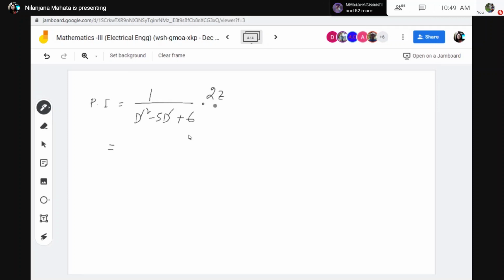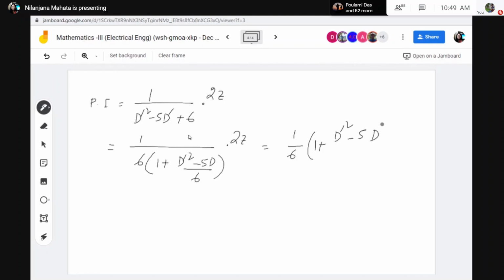We know if this is a polynomial, so we will write this as 1 by 6, 1 plus d dash by 6... okay, I can say this will be 1/3.